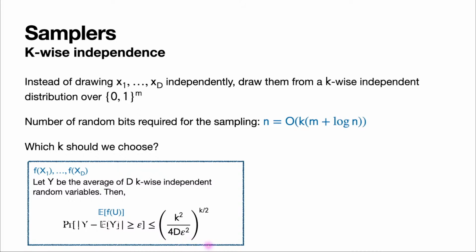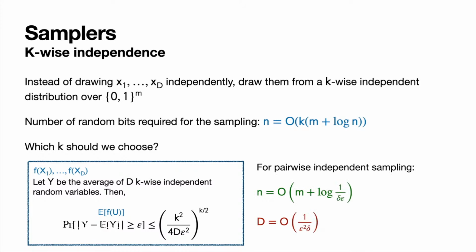I'll give you a minute to digest. And if we choose this to be our delta and play around with parameters, this is what we would get. I'll give you just a minute to digest what's going on here.